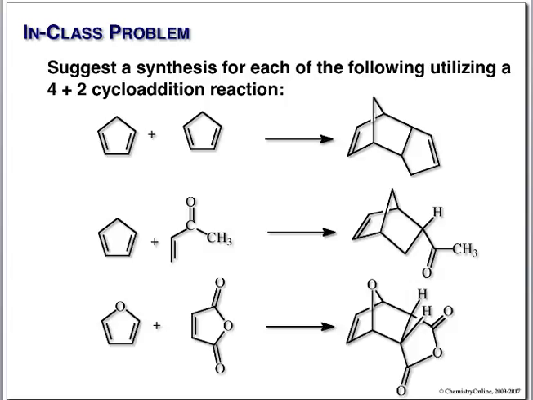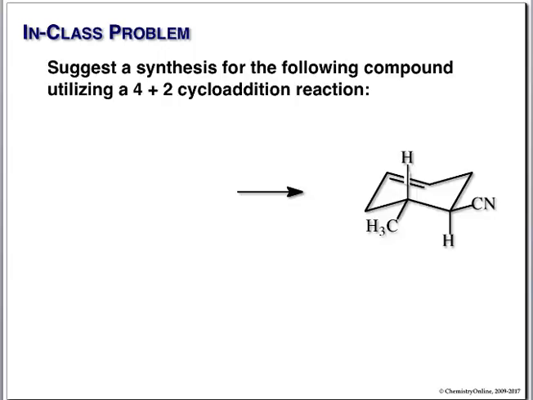Remember, the steps are to look across the ring, find the structure of your dienophile, look at what's left, that's your diene. Let's go ahead and do a few more stereochemistry problems, again in synthesis mode. At one time or another, all of these that we'll look at, this next 4 or 5, have all starred on exams.